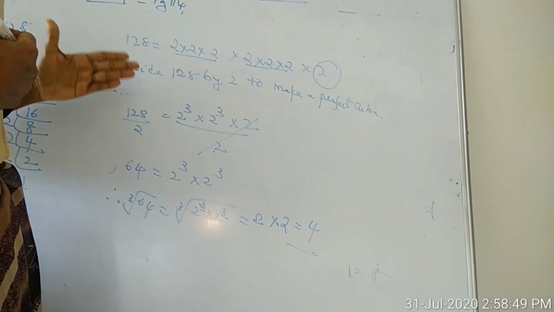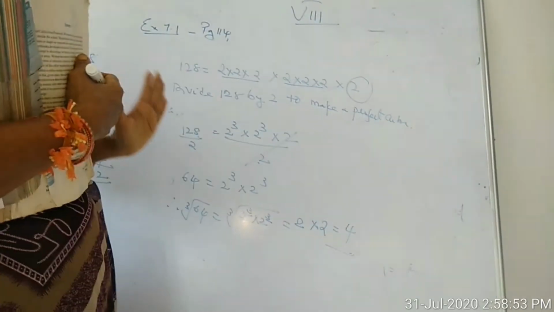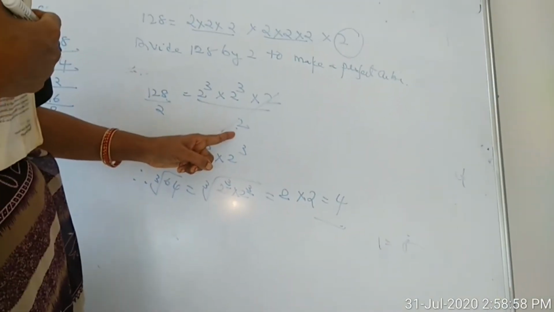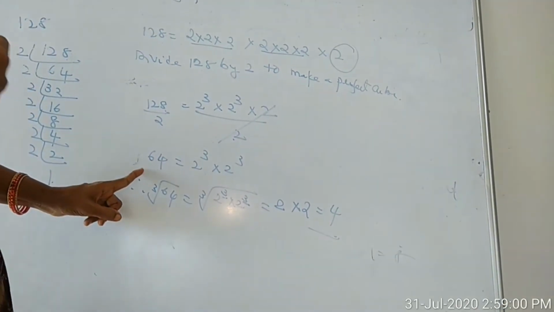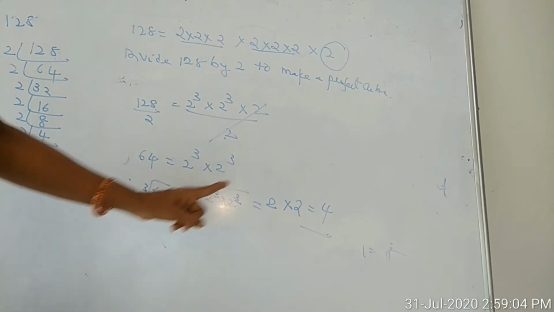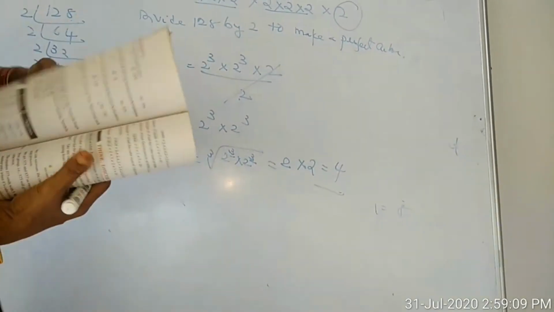You know what will happen when you divide? The value of the number decreases. Multiplication, the value of the number increases. 2 and 2 will get cancelled. 64 is equal to 2 cube into 2 cube. Therefore, cube root of 64 is equal to 2 into 2, that is equal to 4.